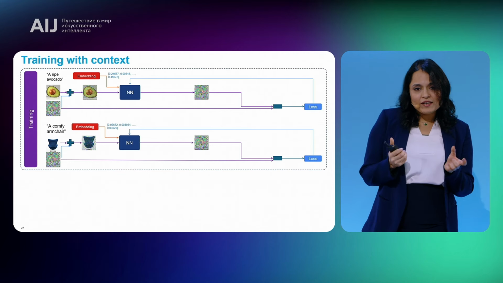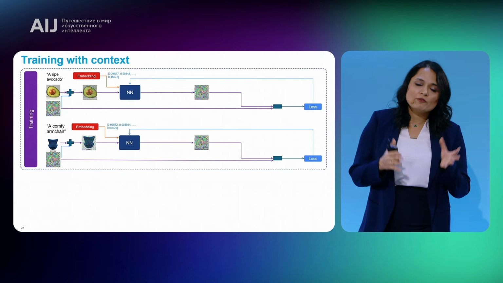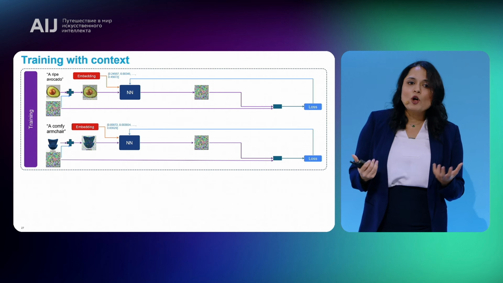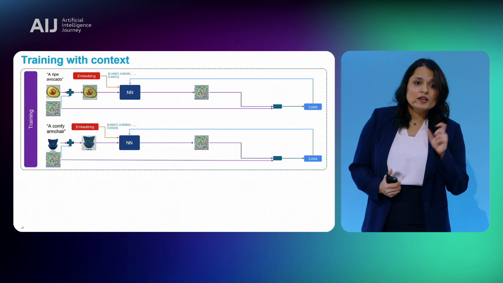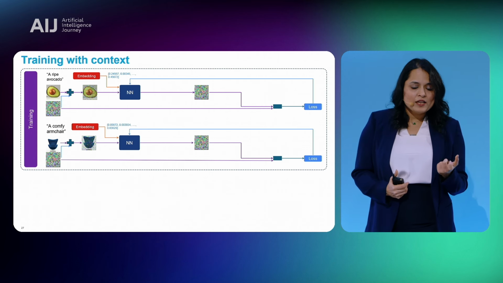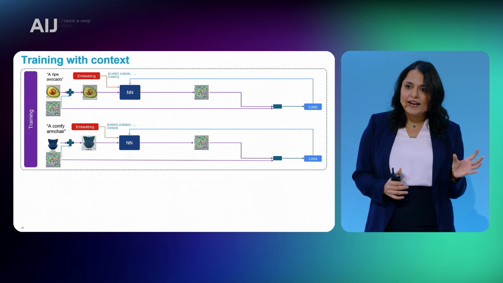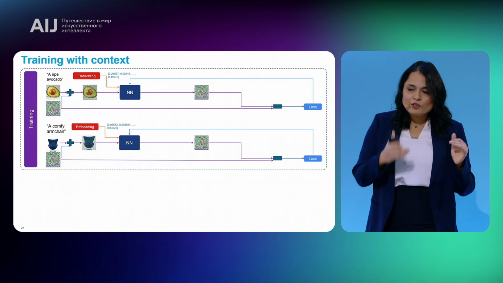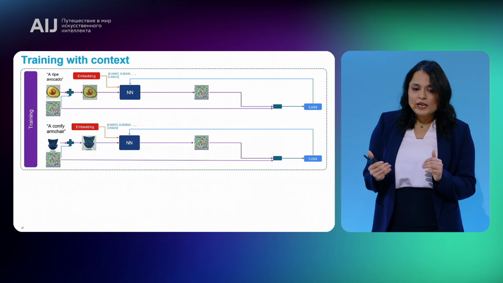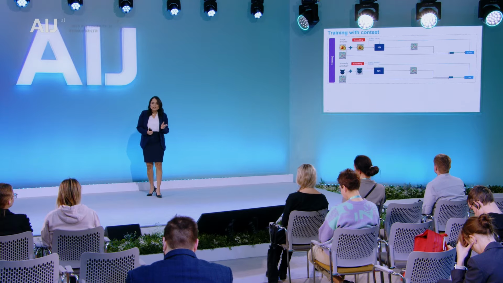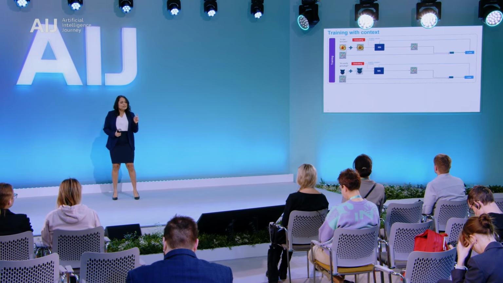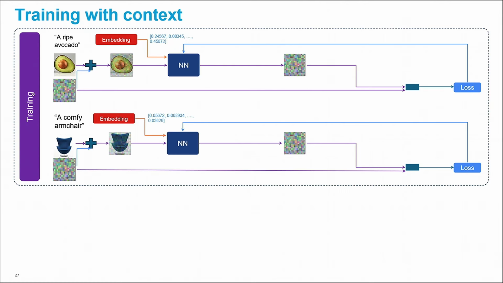Now, when we are training with context, it means that we are training it with a prompt as well. You can see, in the last process, we only had an image. We had a noisy sample, which was given as an input to the neural network. Now, over here, we have a text prompt as well. The text prompt in the first is a ripe avocado. This is a prompt which I'm giving to the model to understand that this is a ripe avocado.